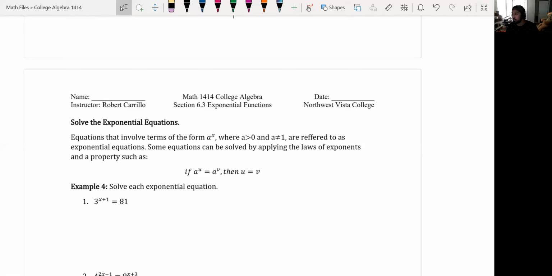So here's a new exponential property: if a to the u equals a to the v, if you have the same base on both sides of the equation, then you can set the exponent u equal to exponent v and solve for x. That's it. So remember your exponential properties when solving these.